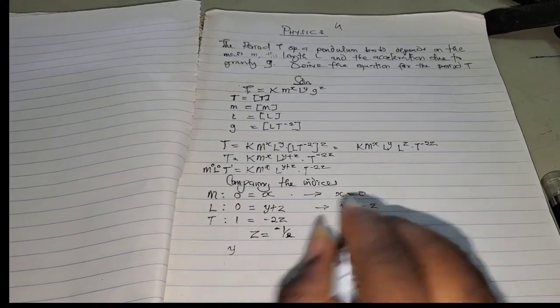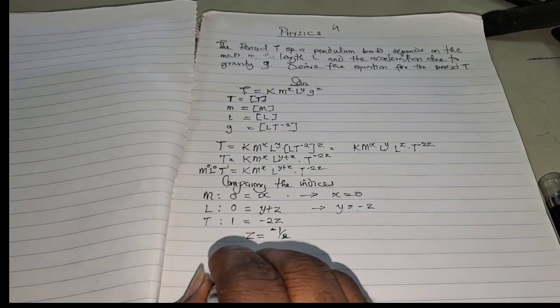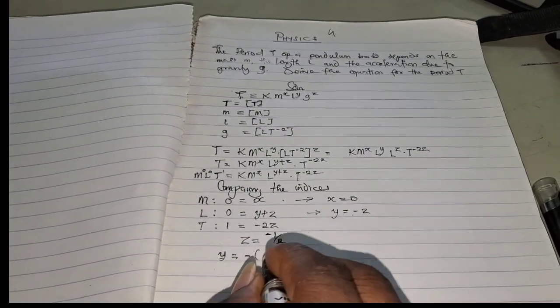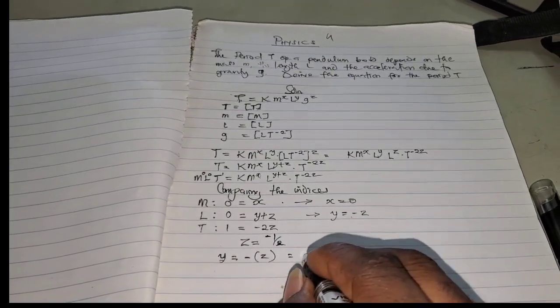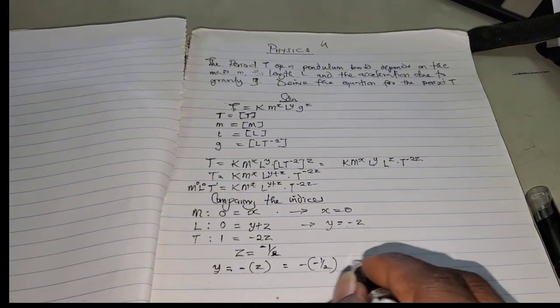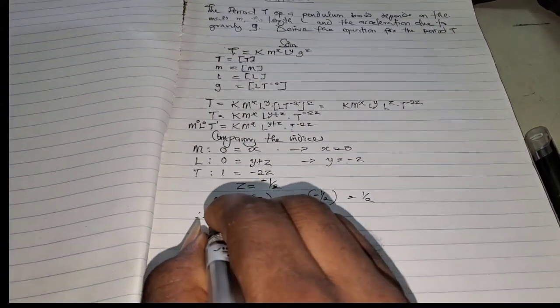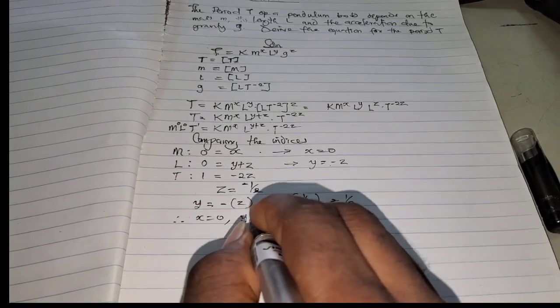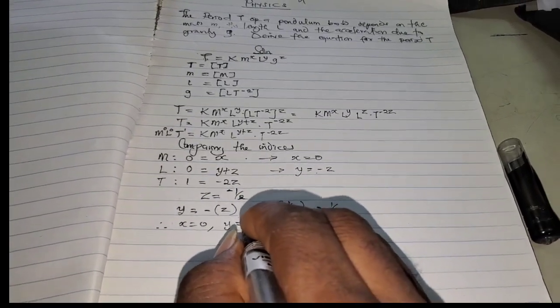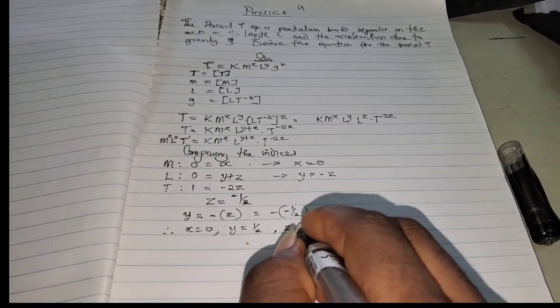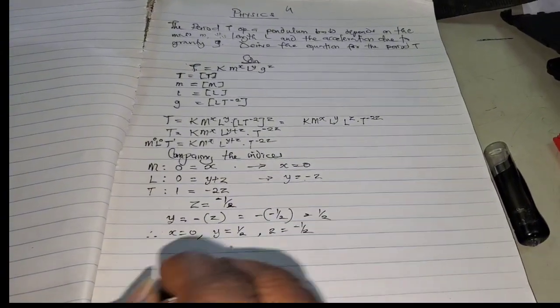Then putting this into this equation, y equals to minus z, which is minus of minus half, which is equals to half. So therefore, we have x equals to 0, y equals to half, and z equals to minus half.